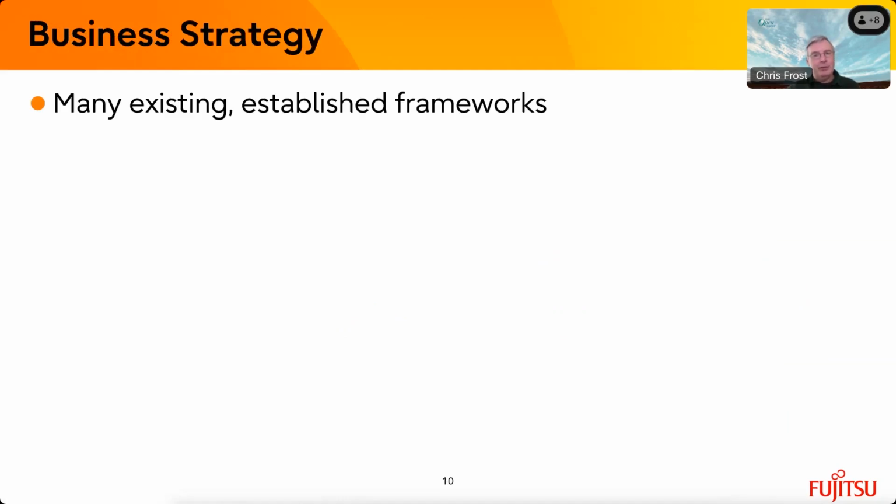Now, if we look at that first step, as I showed it just a moment ago, business strategy. As I'm sure many of you know, there are many existing, well-established frameworks already out there for business strategy.